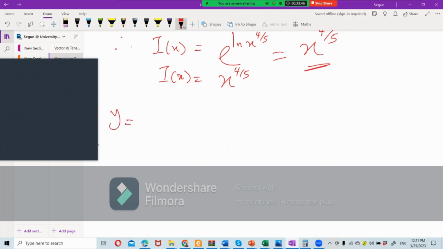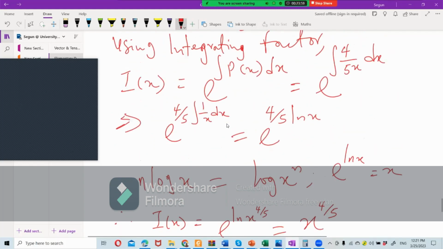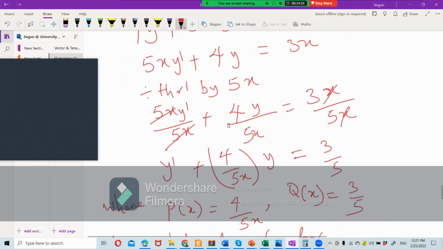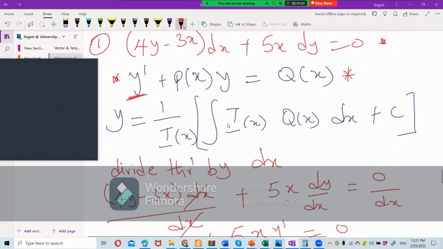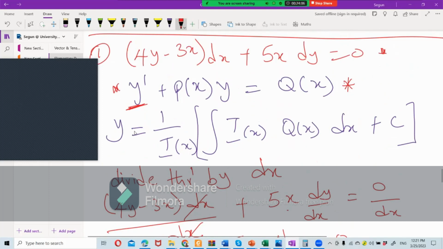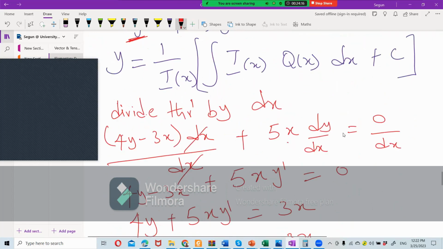So our y is equal to, that's the formula we have up there, 1 over I of x. Y equals 1 over I of x, integral of I of x, the integrating factor, multiplied by q of x dx.